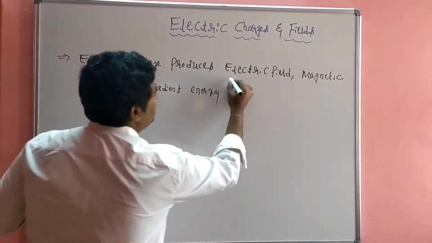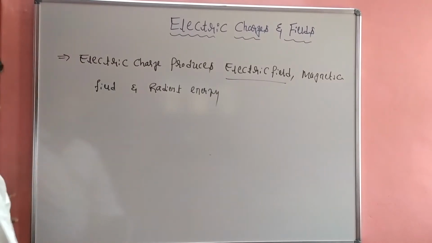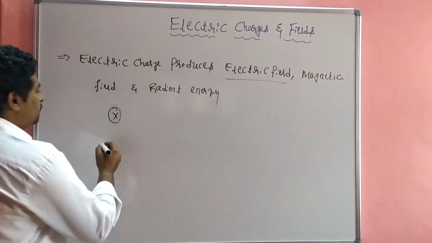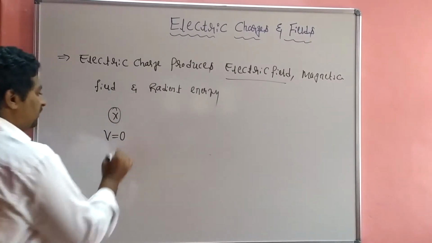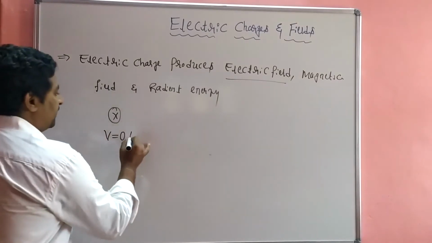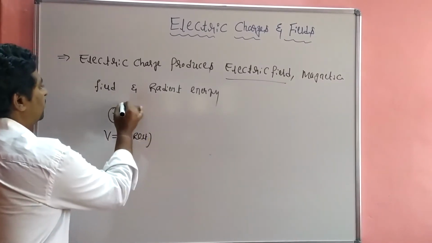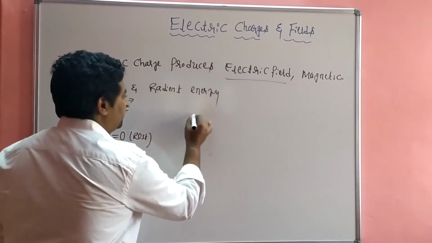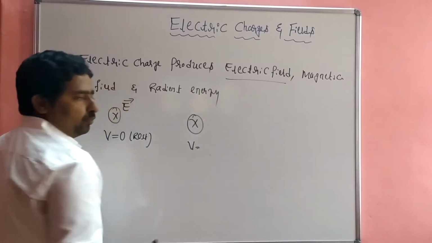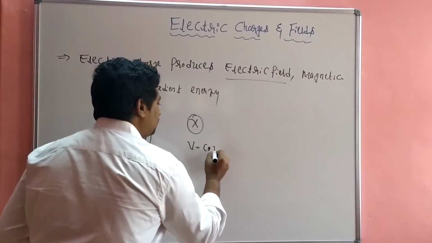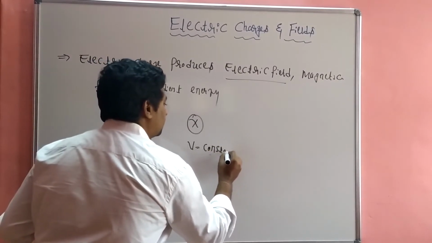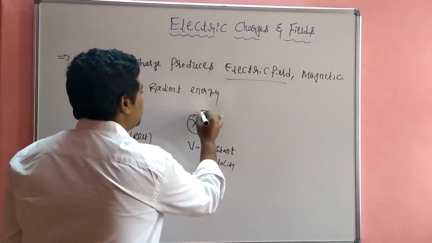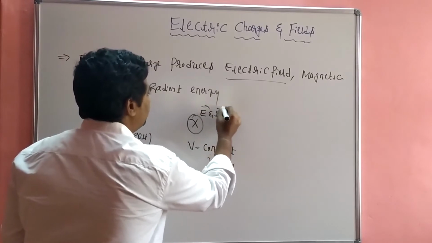So first case, this is the electric charge. When this electric charge is at rest, velocity is equal to 0. That means in the rest condition, it produces the electric field. When this electric charge is moving with constant velocity, it produces an electric field as well as a magnetic field.